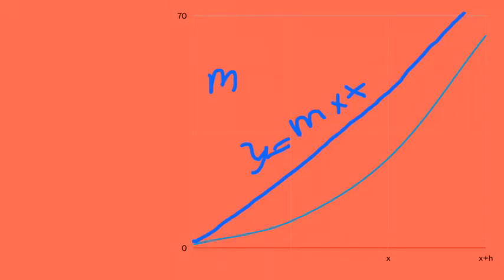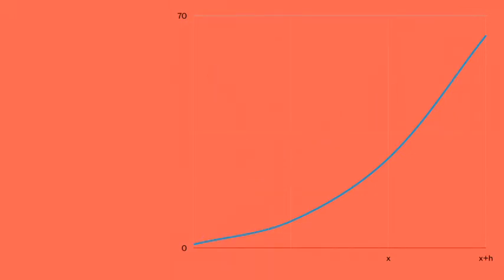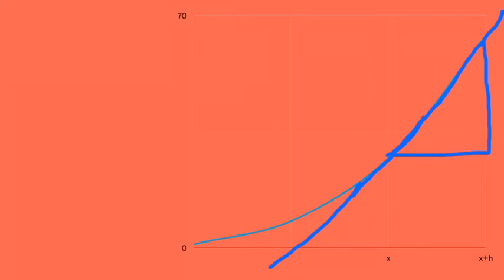Instead, what derivatives do best is they find the slope of a secant line between x and this x plus h. It's an increment. So you could say it's a delta at this scale. So delta x, or commonly said as dx, and then this is dy.